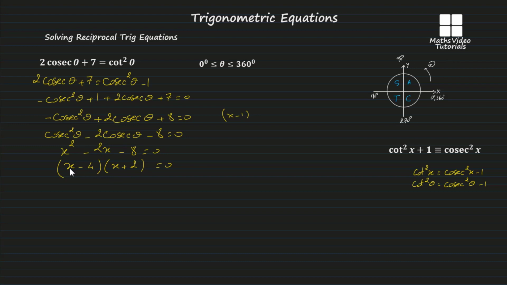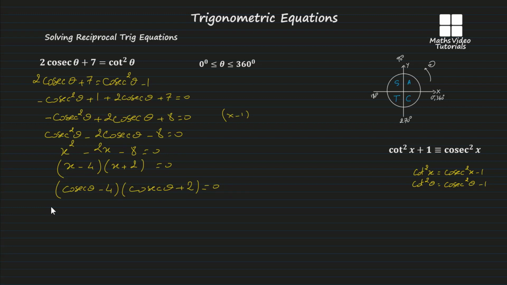What I have to do now is to replace the x with its original expression, which is the cosec. So let's write it down. Cosec theta minus 4 bracket cosec theta plus 2 is equal to 0. So now we've got an equation in brackets to solve.